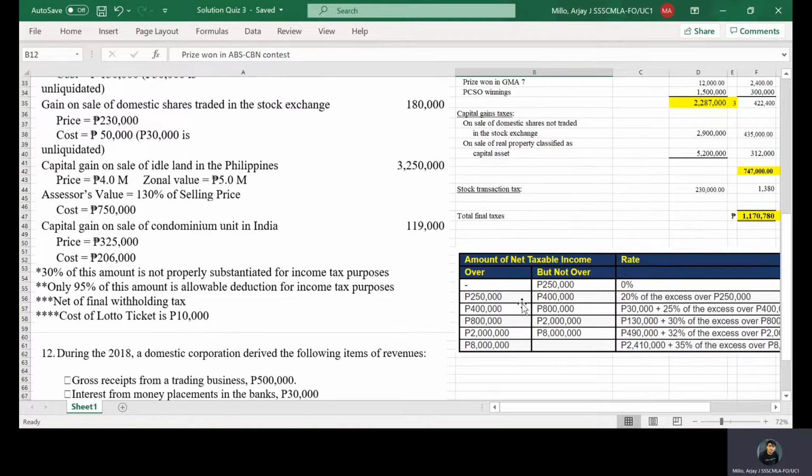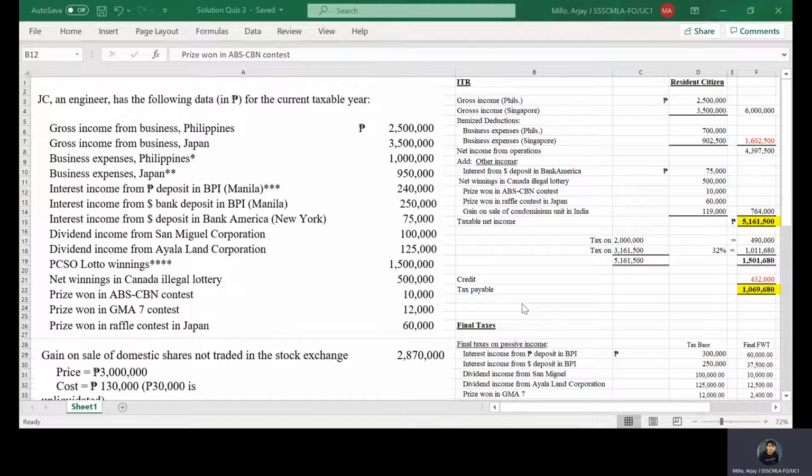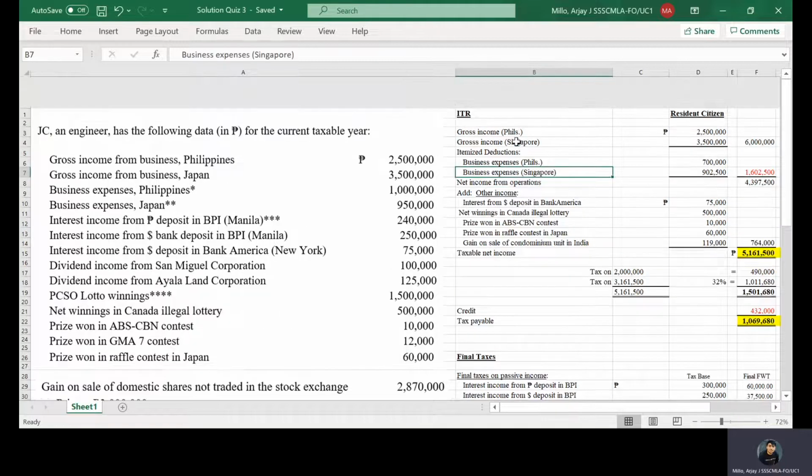We will go through those one by one. But before that, let's check what the questions are. The problem gave three types of taxpayer. First, what if he is a resident citizen; second, what if he is a non-resident citizen; and third, what if he is a non-resident alien engaged in trade or business. So let's start.